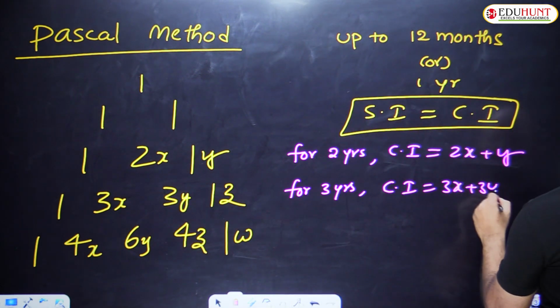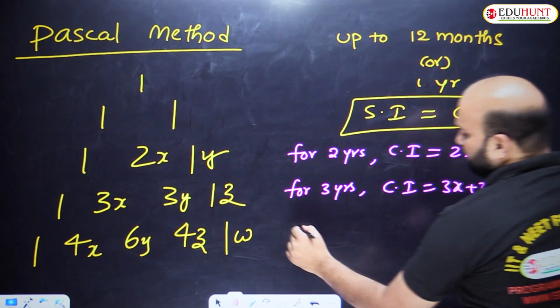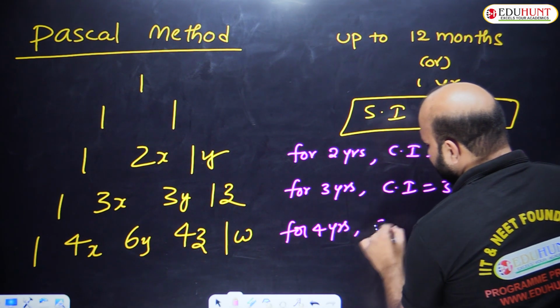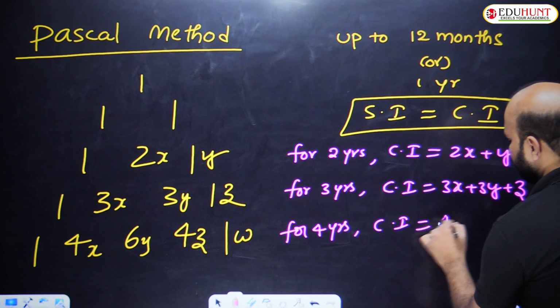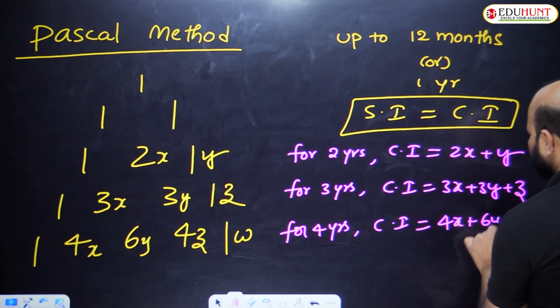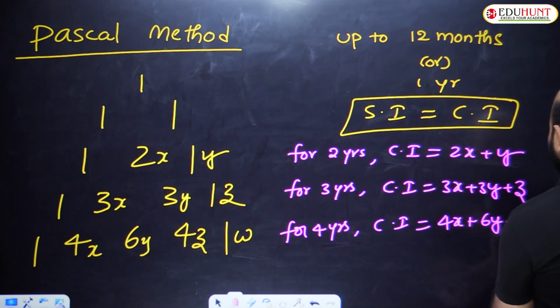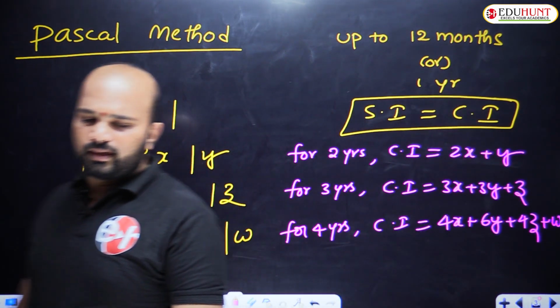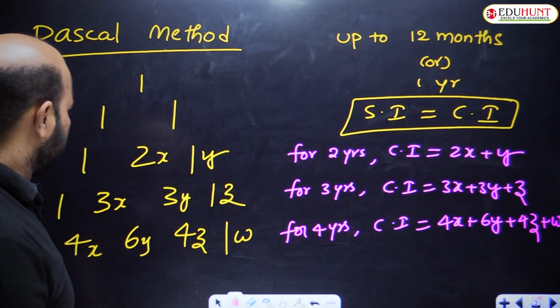And for 4 years, compound interest equals 4x plus 6y plus 4z plus w. By using these formulas, it is easy to calculate the compound interest.